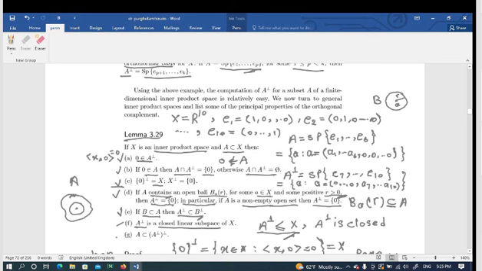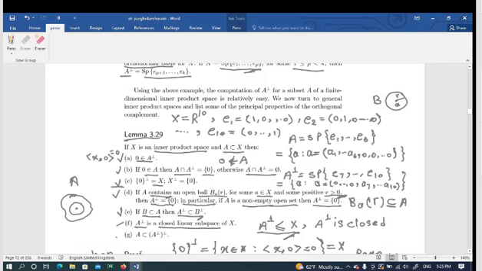E: if B is a subset of A, the orthogonal of A is a subset of B orthogonal. So the position of A and B changes under orthogonal.